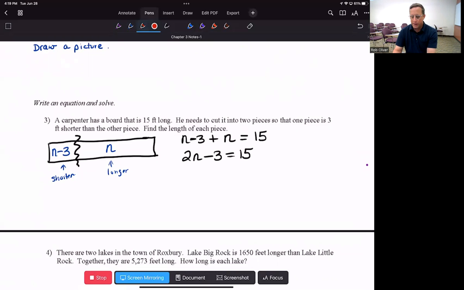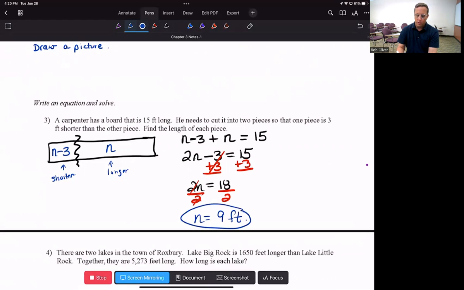I'm going to add 3 to both sides. You get 2n equals 18. Divide by 2. We have one more step here. And there you have it. n equals 9 feet.